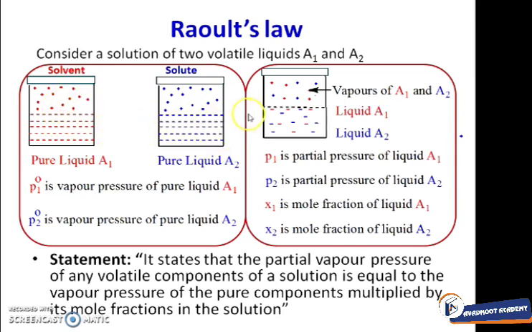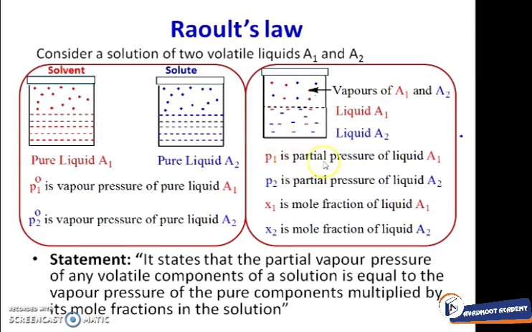Now suppose a solution of these two components is prepared, with A2 added to A1. Again after some time there will be dynamic equilibrium, and in the vapor state there will be some A1 molecules and some A2 molecules. The pressure exerted by A1 molecules on the surface of the liquid is the partial pressure of A1.